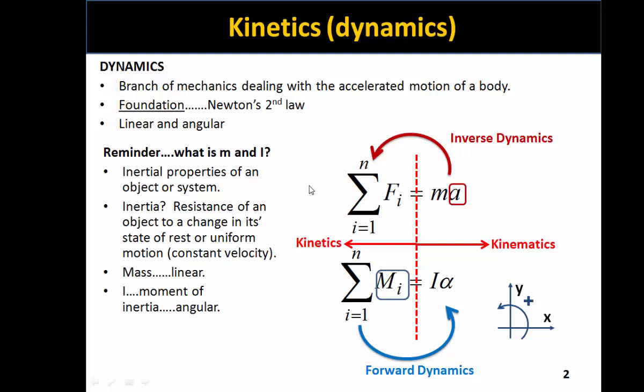As all objects inherently possess a resistance to a change in their state of rest or uniform motion, in the linear case, mass multiplied by acceleration will be equal to the sum of the forces that will be compelling that acceleration.